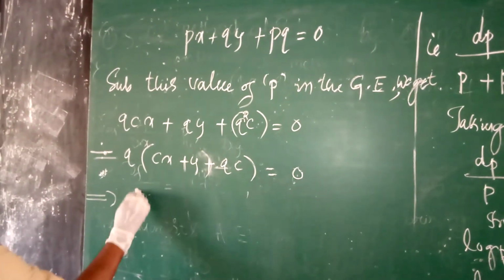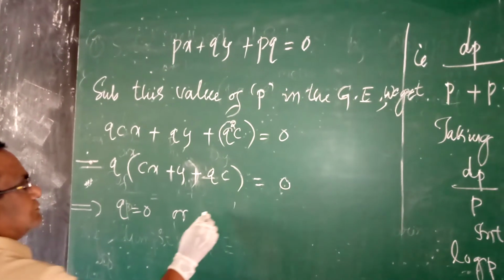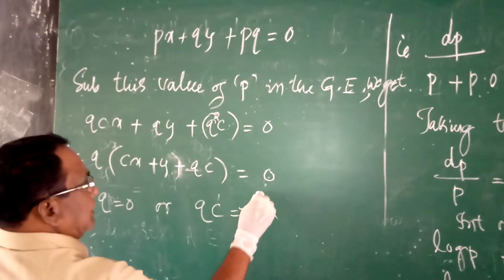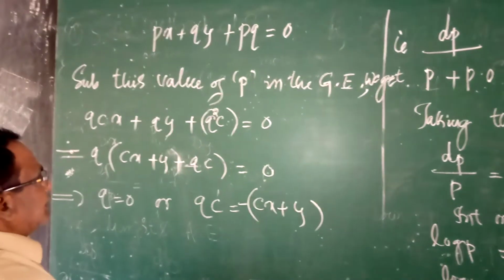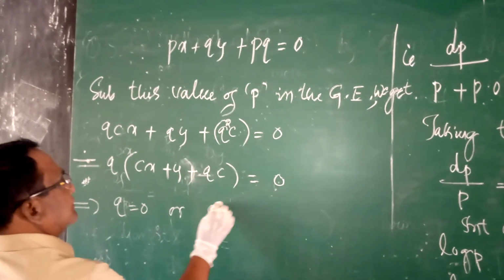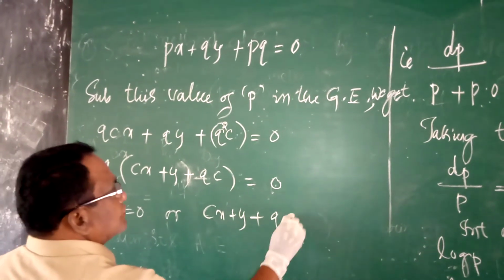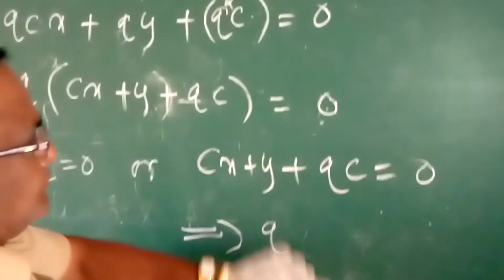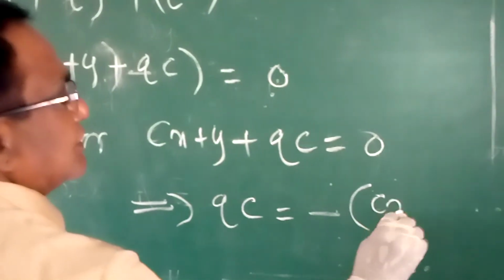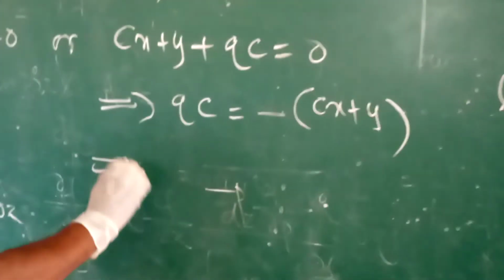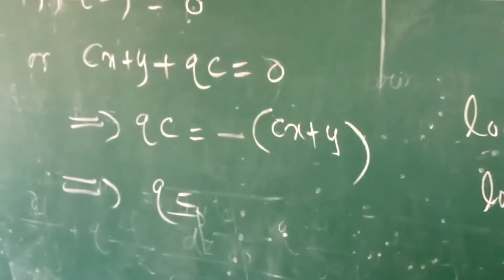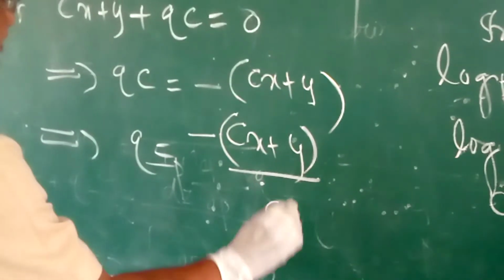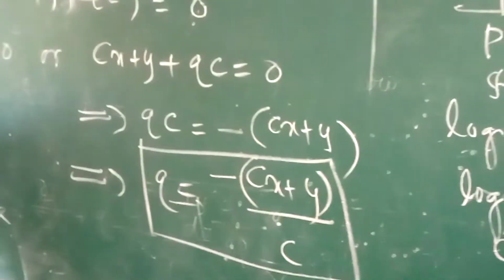This implies that either Q is equal to 0 or Cx plus Y plus QC is equal to 0, and this implies that QC is equal to minus of Cx plus Y, or Q is equal to minus of Cx plus Y divided by C. This is the value of Q, right?